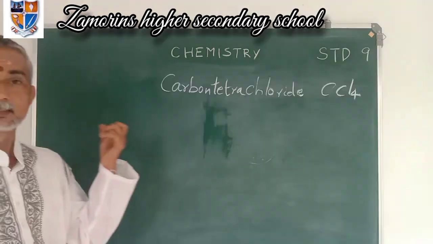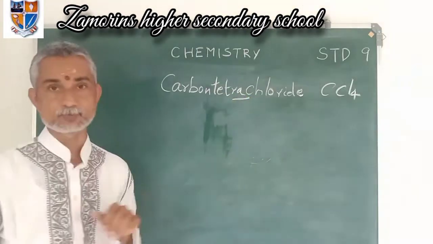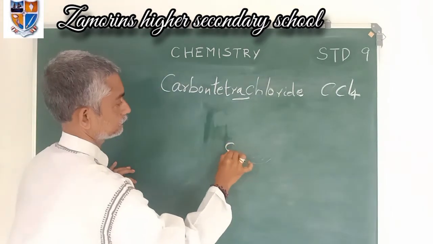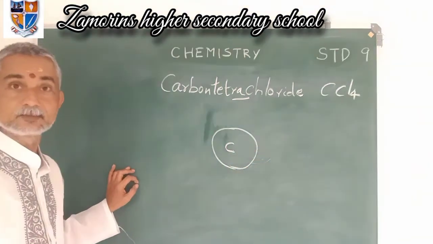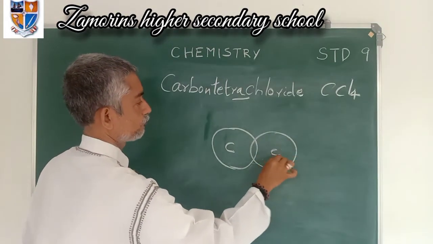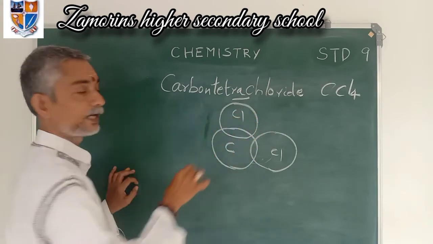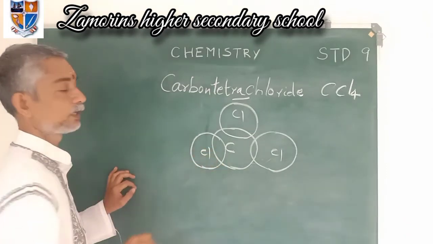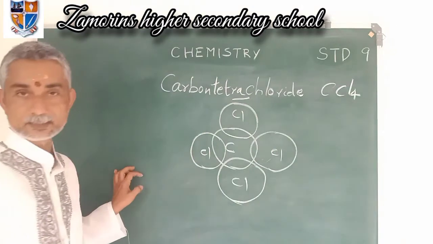In that case, how is the carbon tetrachloride structure formed? Look at here. See, carbon tetrachloride, CCl4. Carbon, 4 chlorine atoms: 1 chlorine, another chlorine, another chlorine, another chlorine.